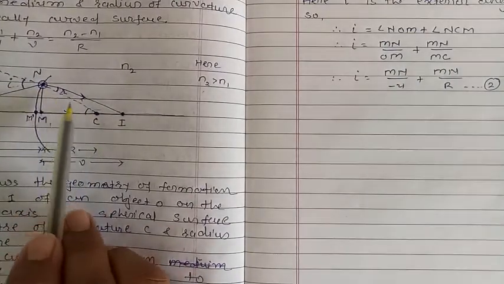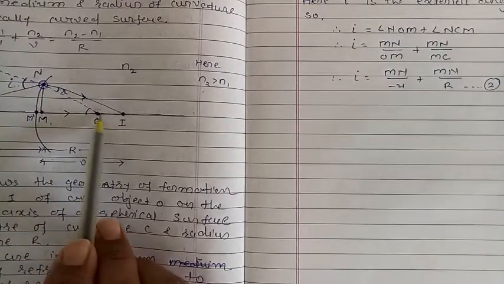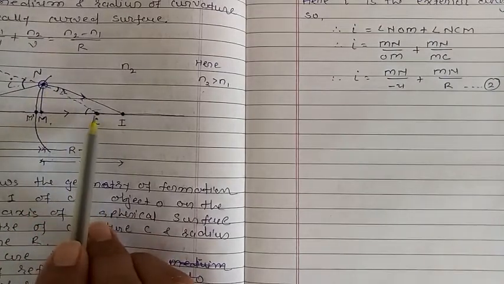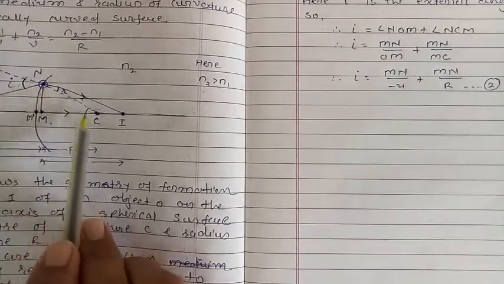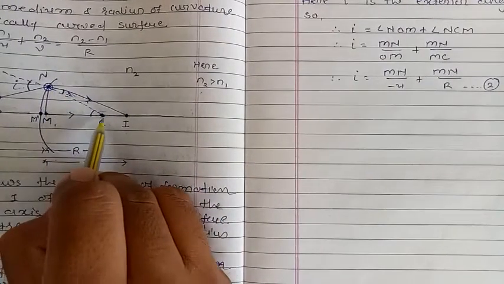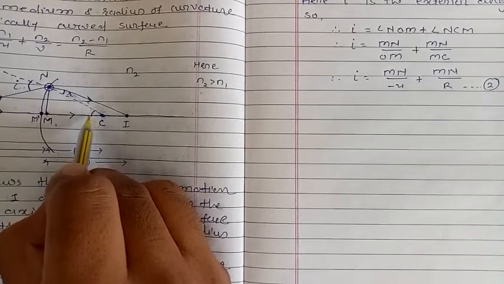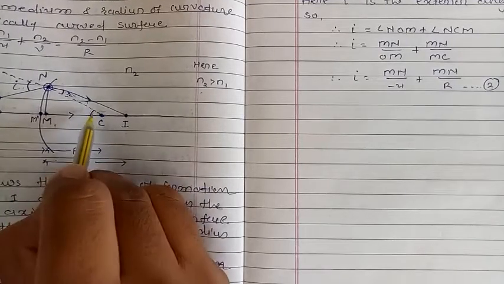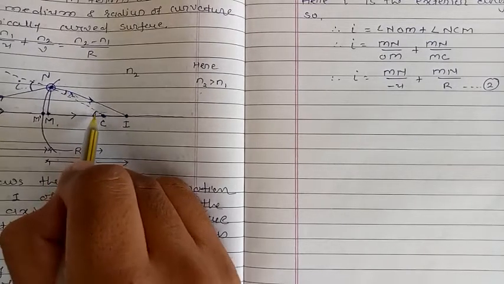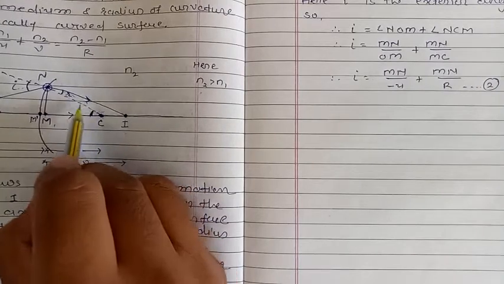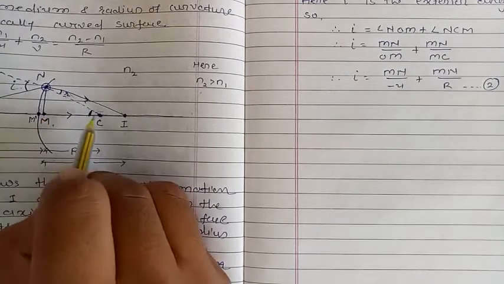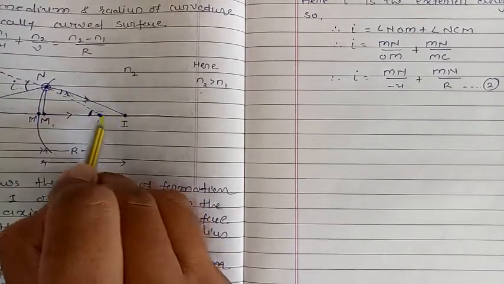See this triangle NCI. For this triangle, angle NCM is the exterior angle, because it is outside. So here angle NCM is the exterior angle for triangle CNI.